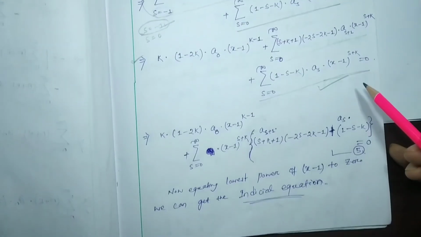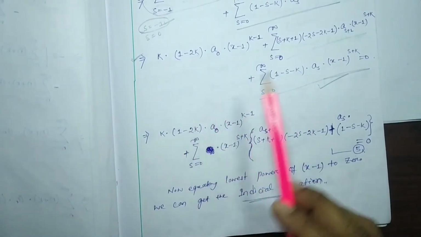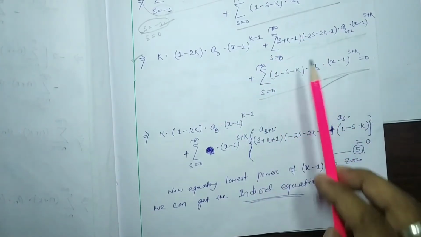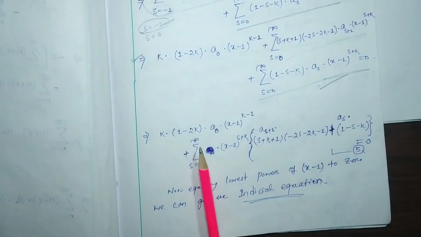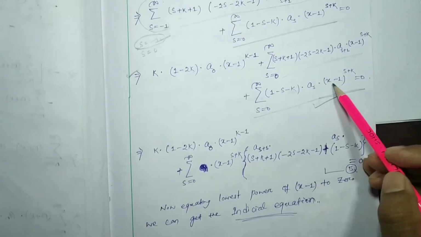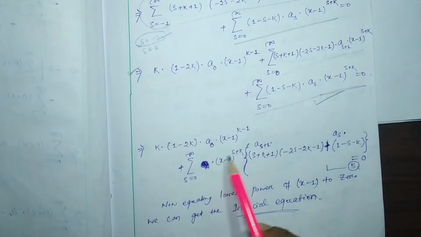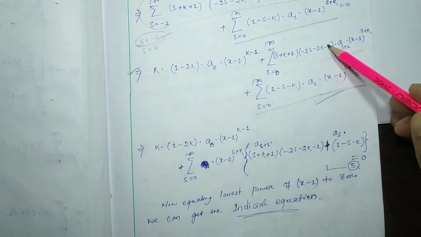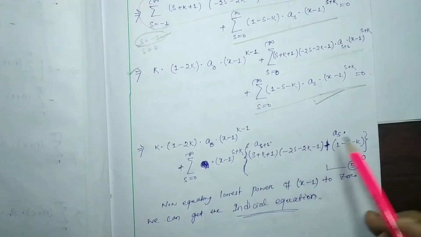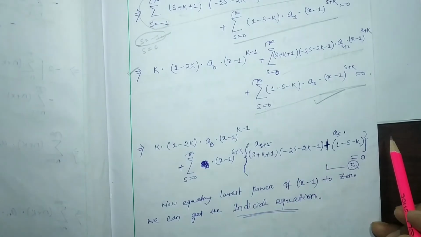So the summation can be taken common for these two terms, that is s equal to 0 to infinity, and the term (x minus 1) to the power s plus k can also be taken outside, common for these two terms, and in the bracket we write the rest of the terms.